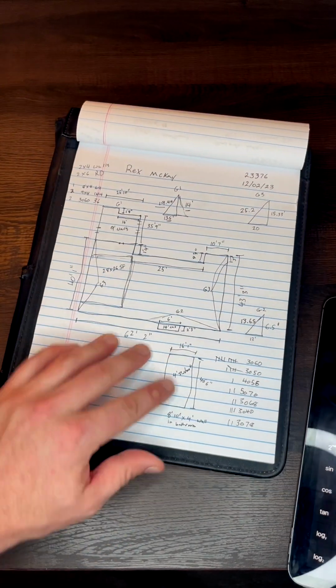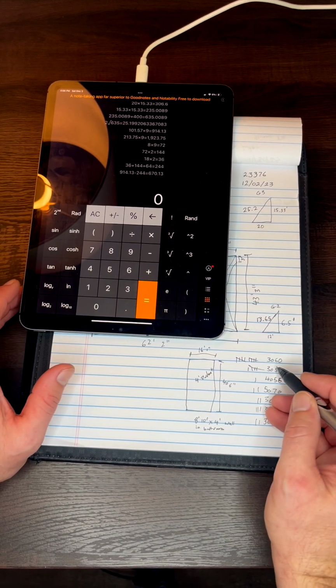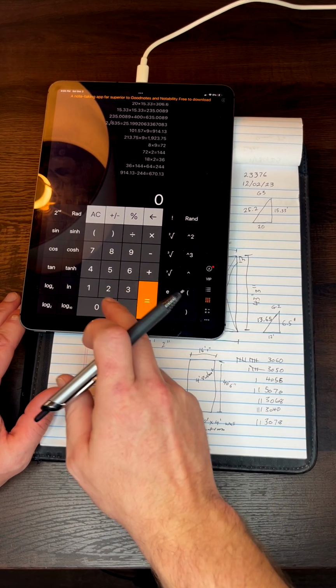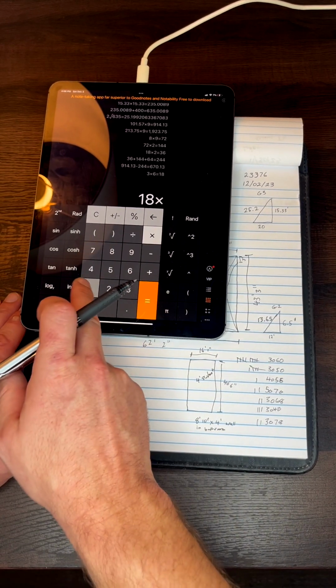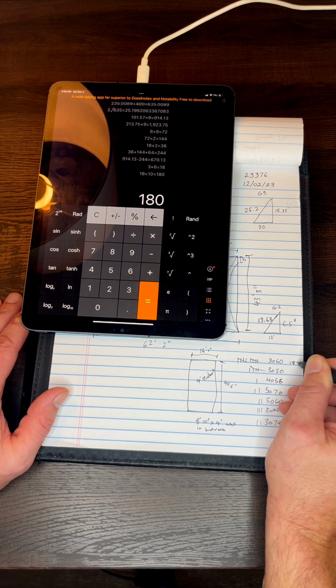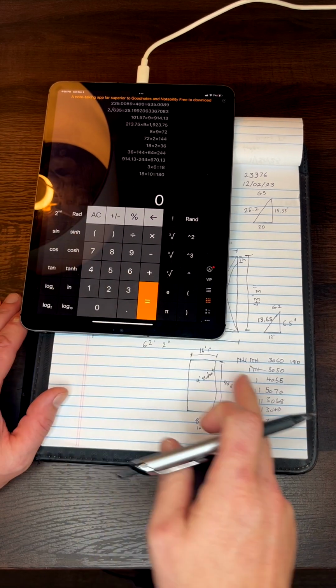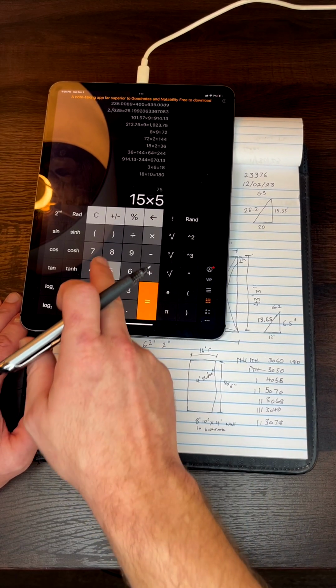And then, okay, we got a few more to do over here for this one. 3060s, there's 10 of those. 3 times 6 is 18 times 10 equals 180. 180, okay. 3050s, so we got 5 of those, so 15 times 5.